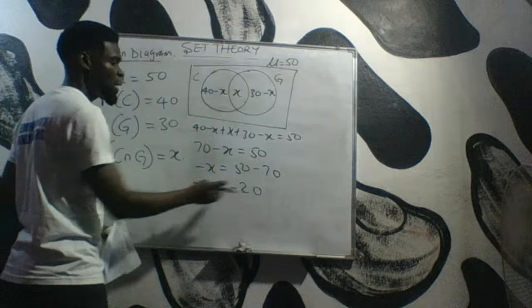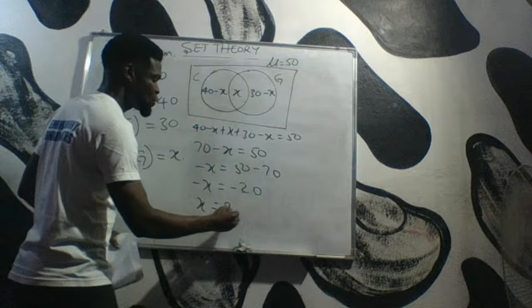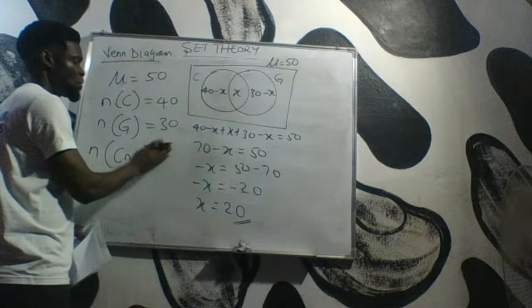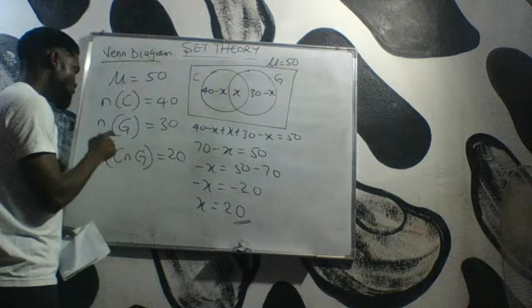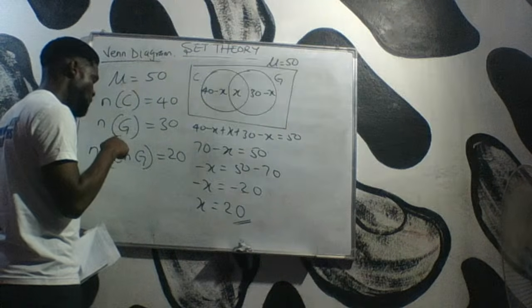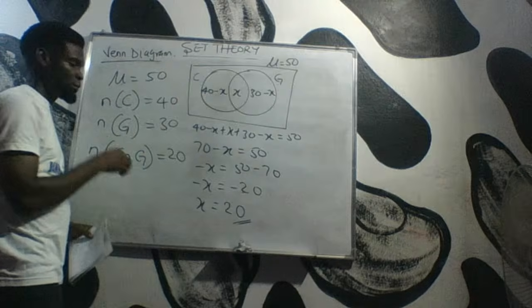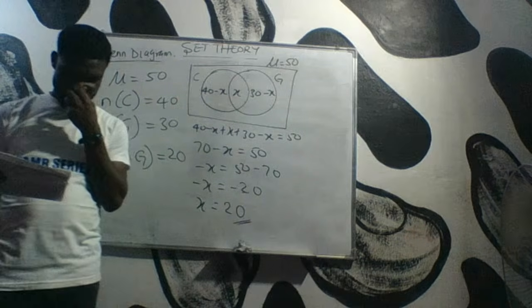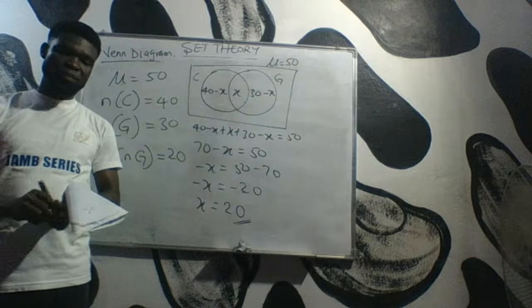Multiply through by negative, and X will be equal to 20. So it means that 20 people read both Guardian and Champion. And that was option C in this past question.